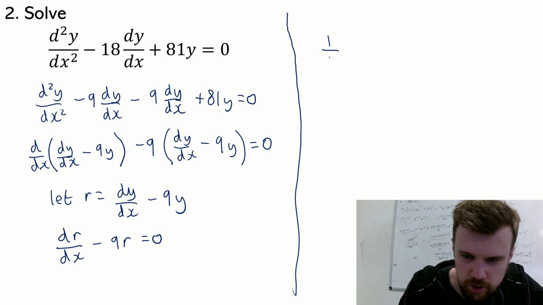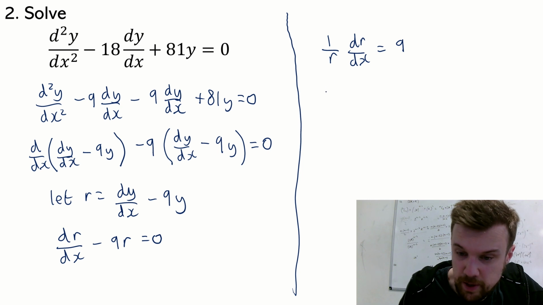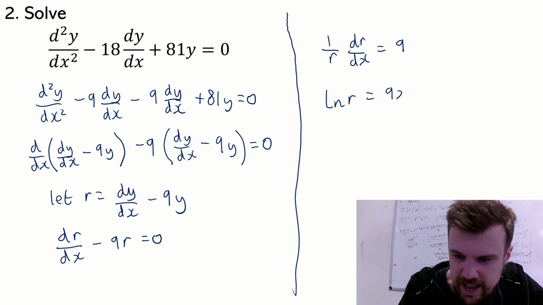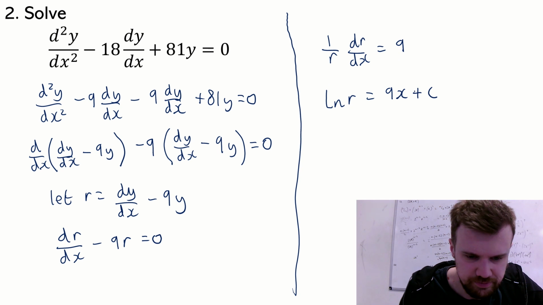So you can rearrange to get this positive 9. There you go. And then we can integrate both sides with respect to x, which will get ln of r equals 9x plus c. Cool.